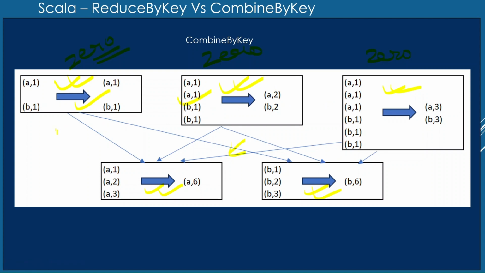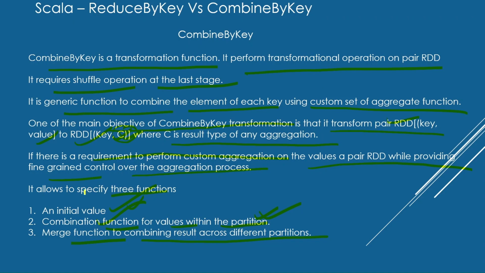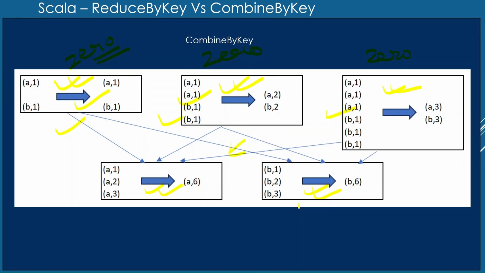The second function is combining the value of each key in each partition, in this partition and in this partition. And the third is the merging function, which combines results across the different partitions. Here it is merging the results, which are the output of the combination.